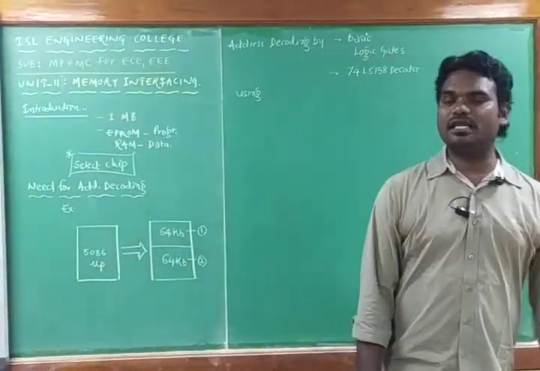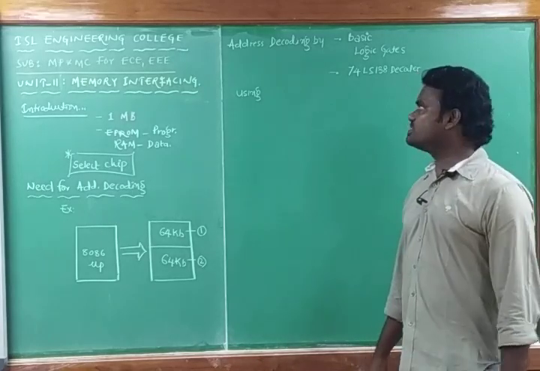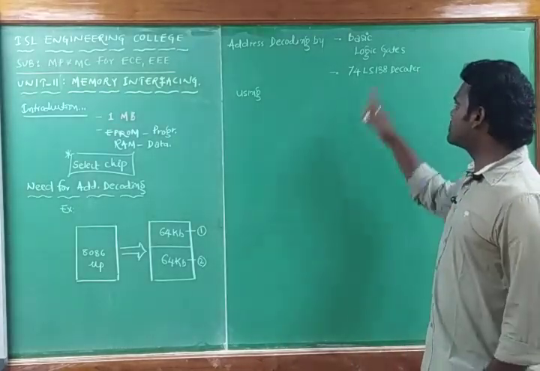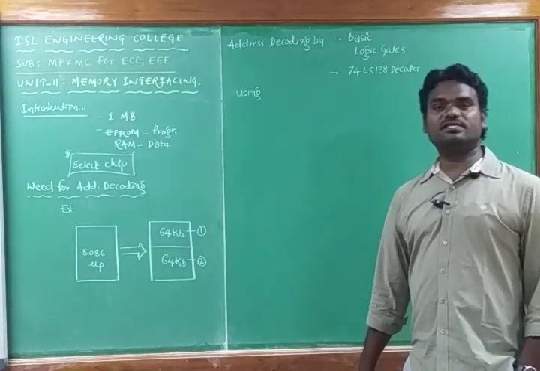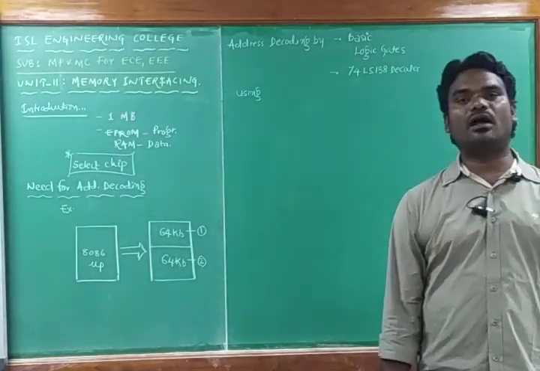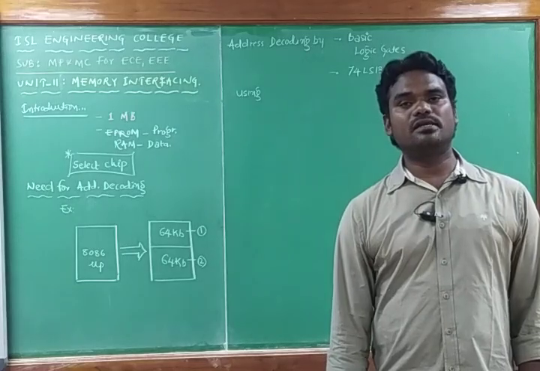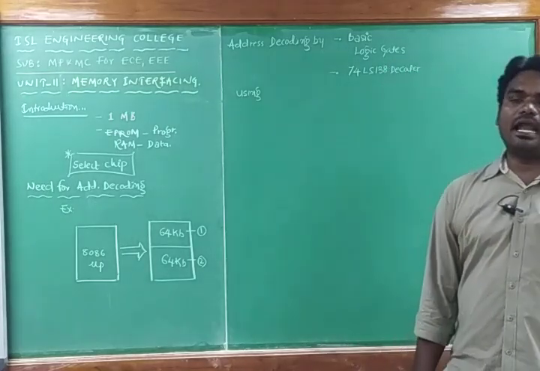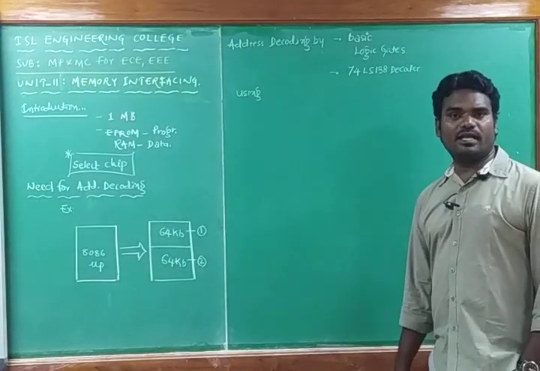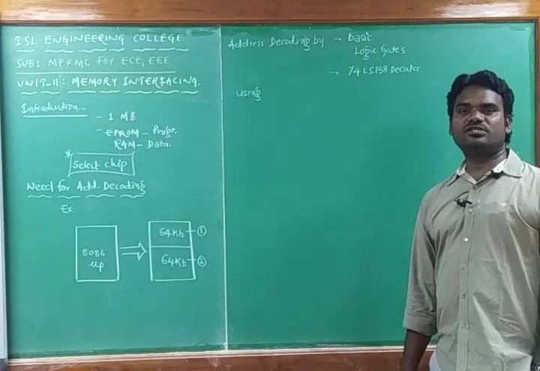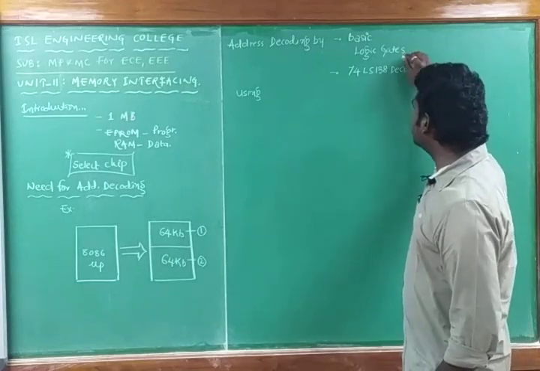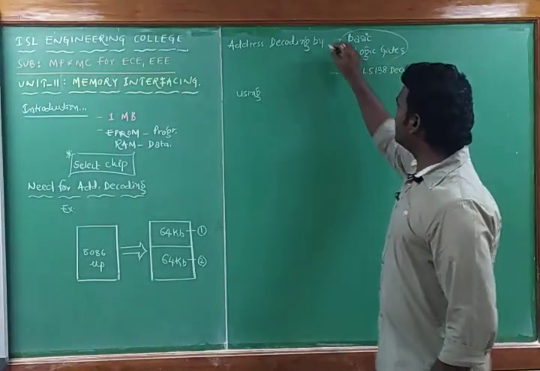The first one is by using logic gates. We have the logic gates AND gate, OR gate, NOT gate. These three are primary gates, and the universal gates are NAND gate and NOR gate. Exclusive gates are exclusive OR and exclusive NOR. By using those gates, we can achieve the address decoding.